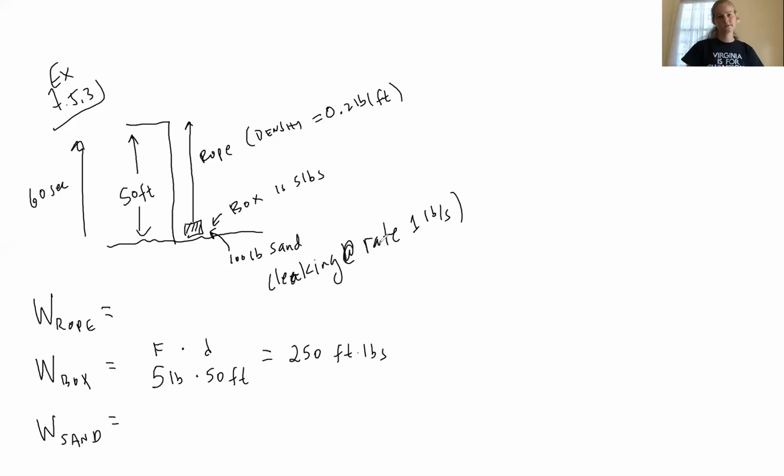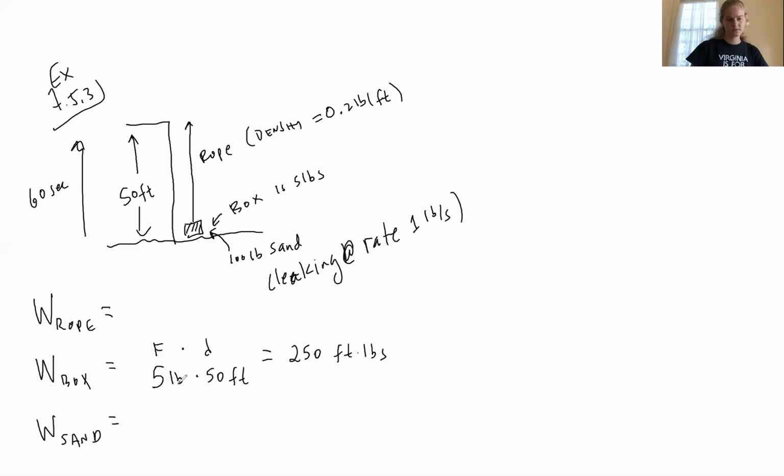Well, let's see. It's at one pound per second. So that means that at the bottom, we've got 100 pounds. At the top, it's got 40, right? Because it lost 60 pounds along the way.